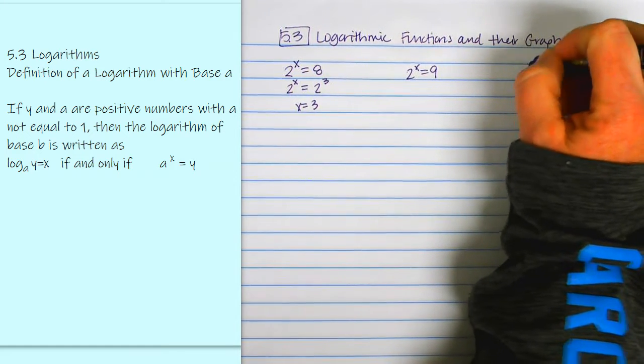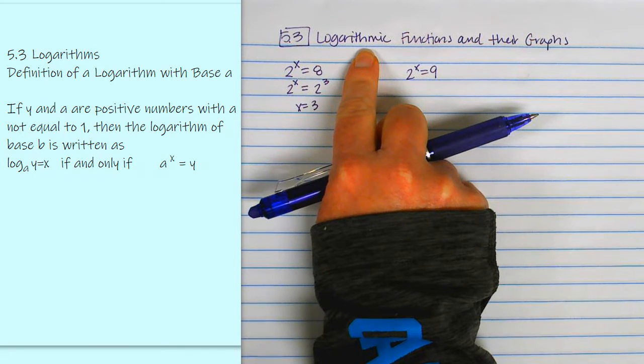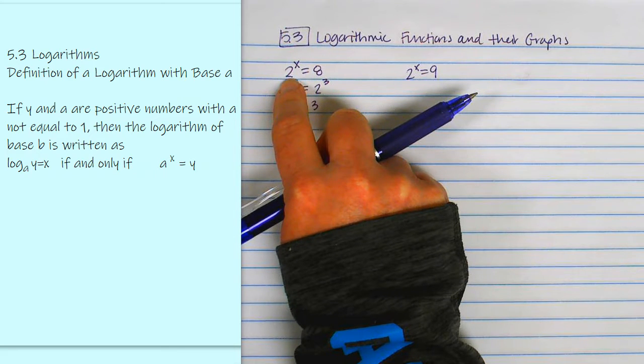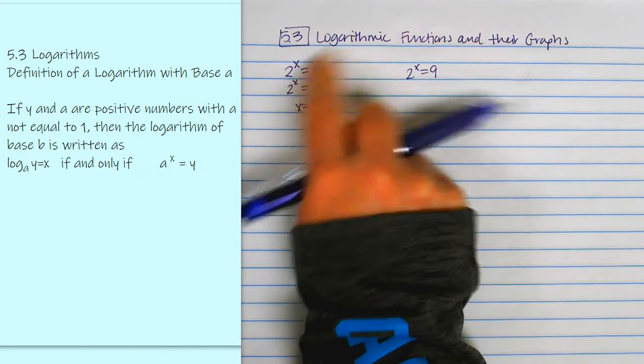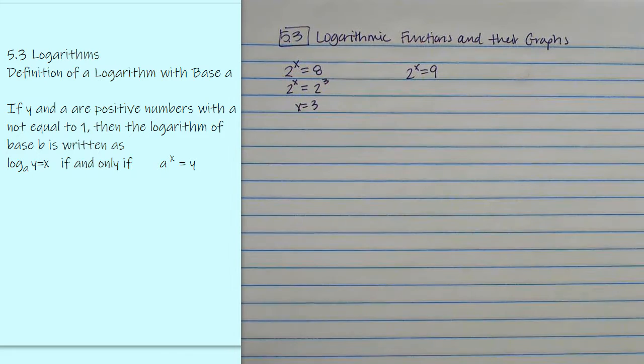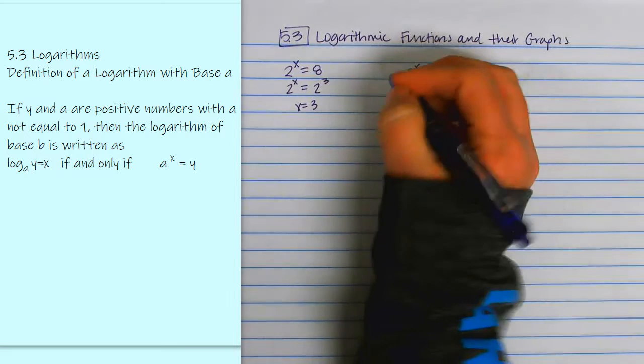So the purpose of this function is to figure out how to get the x out of the exponent position and get it as its own base. So the logarithmic function will do that for us. On the left-hand side, I've defined a logarithm in a specific way. So let's first look at what we already know.